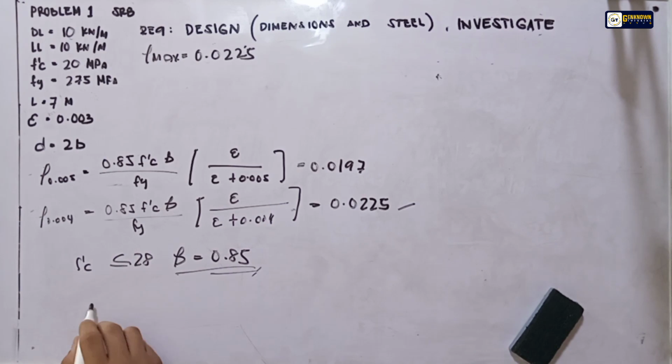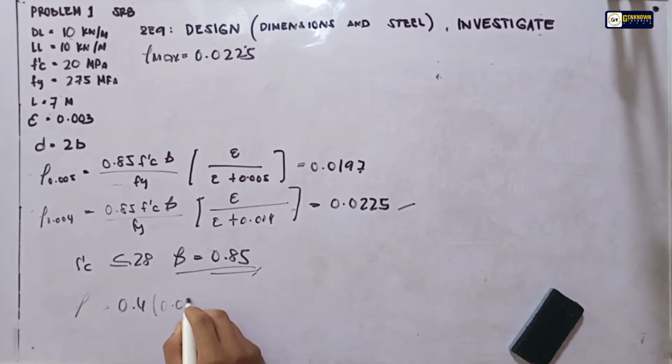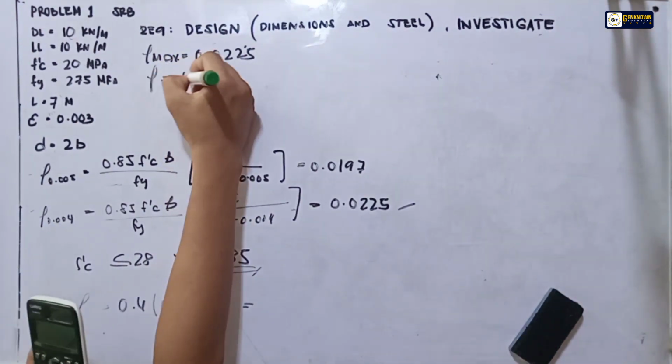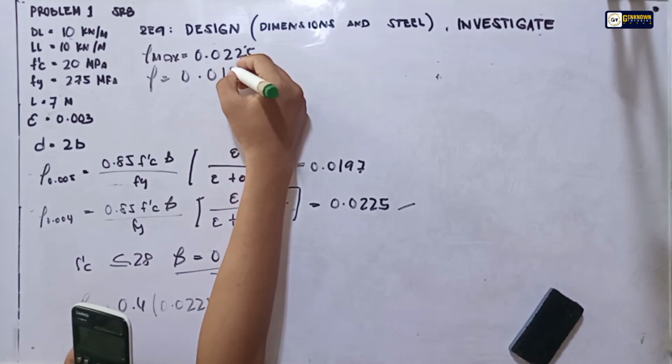Okay, based on the code, ang allowed lang na pwedeng gamitin for the steel ratio is 0.6 ng rho maximum. Okay, that's equal to 0.6 ng 0.0225, which is equal to 0.0135.